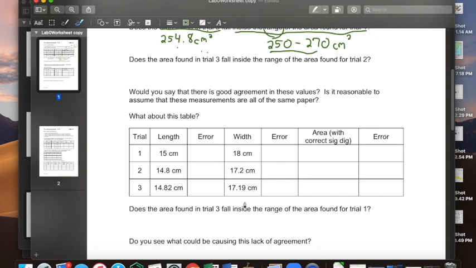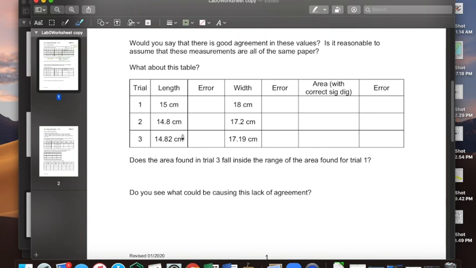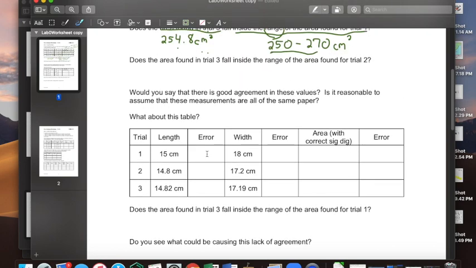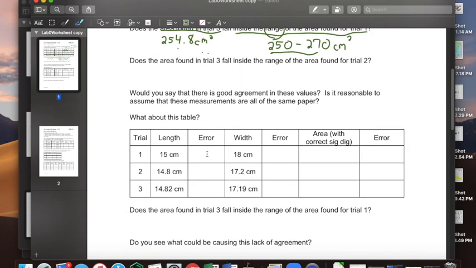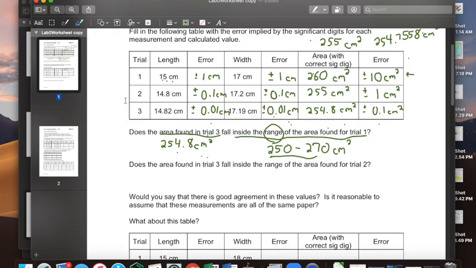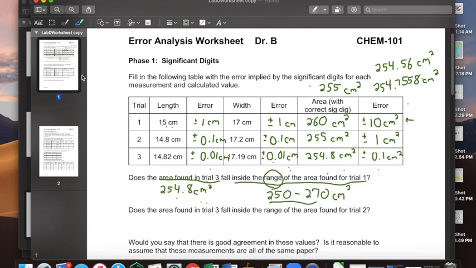So you can go through this table yourself and see if the answers to these questions are the same with this data as they were with the data up top. And I do have also a filled in worksheet like this on this page, the same page that has this video, and it has the blank worksheet. It also has a filled in worksheet if you want to check your answers. But this video is already pretty long, so I think I will leave the rest of it for you to work on.